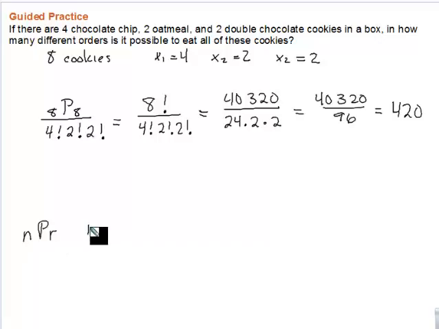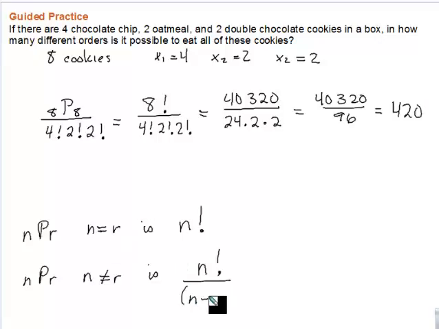okay, when n equals r, nPr is n factorial. When n does not equal r, it's n factorial over n minus r factorial.